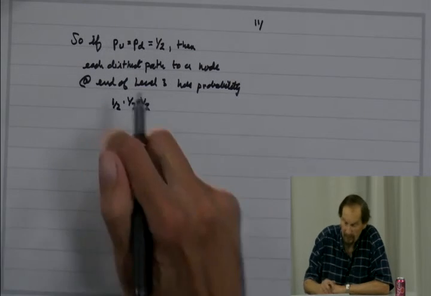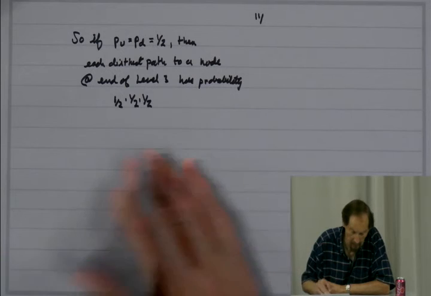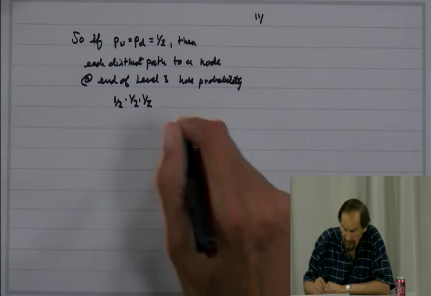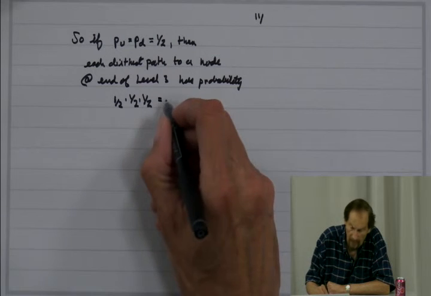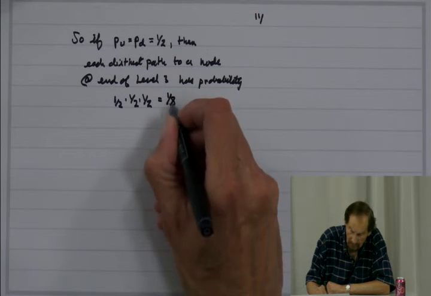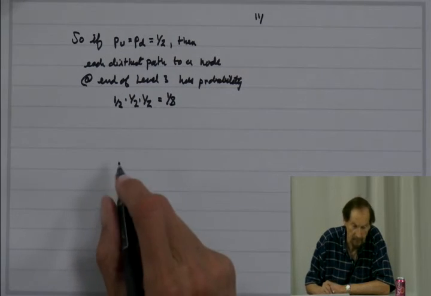So no matter what node you end up with at level 3, you have a 1/8 probability of getting there.